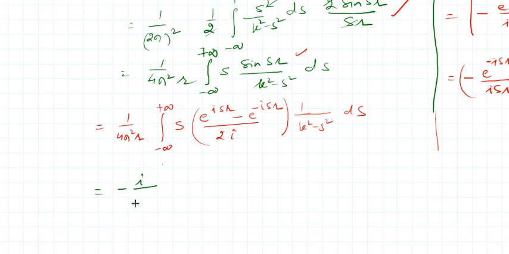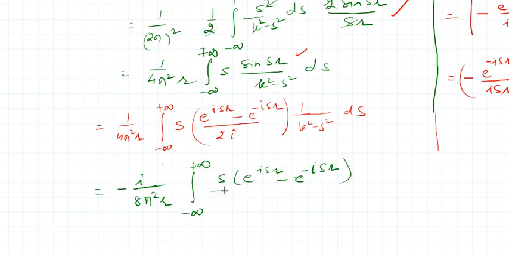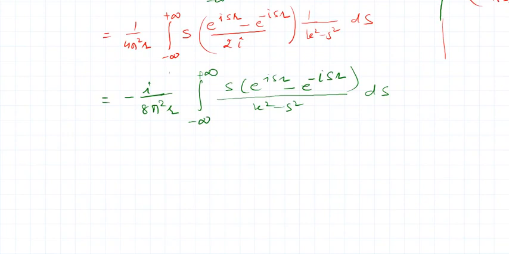So it is minus iota over 8 pi square r, and here it is integral from minus infinity to plus infinity, s times e raised to power iota sr minus e raised to power minus iota sr, divided by k square minus s square into ds, right?